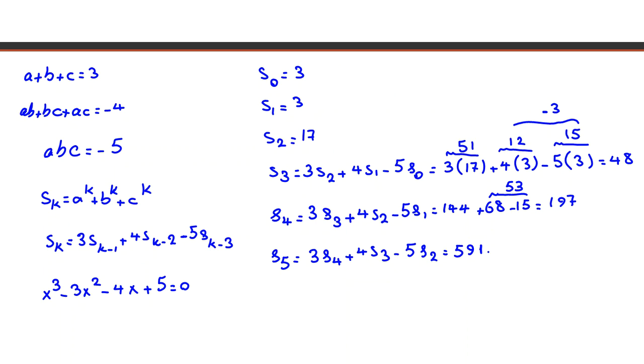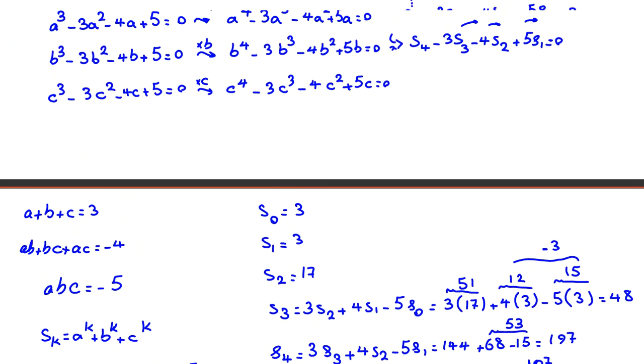And 4 times S3 is 4 times 48, which is 192, minus 5S2, minus 85. So it will be 698. Okay, now we want to solve the problem.